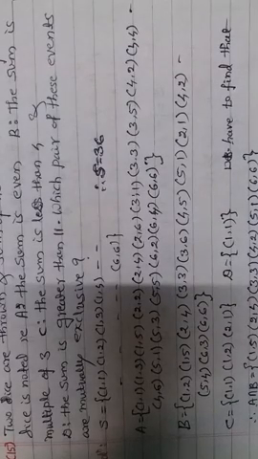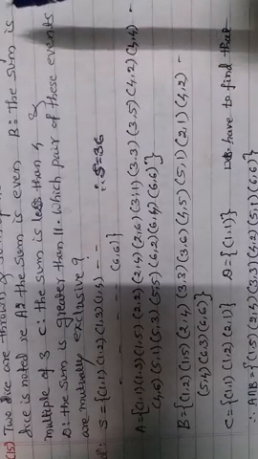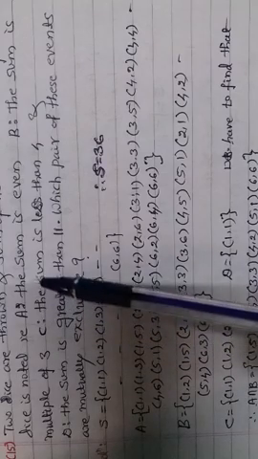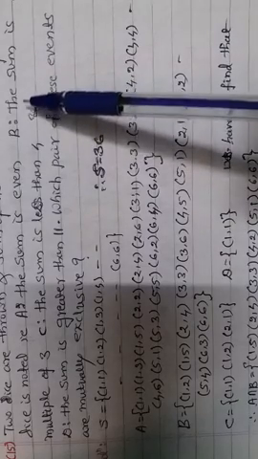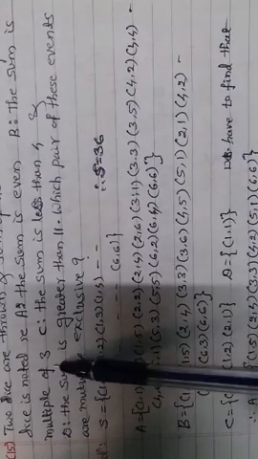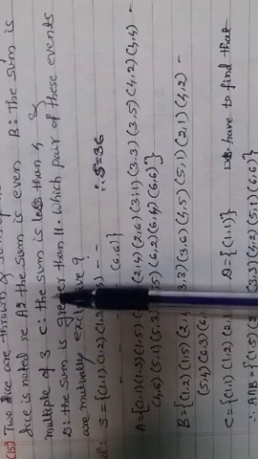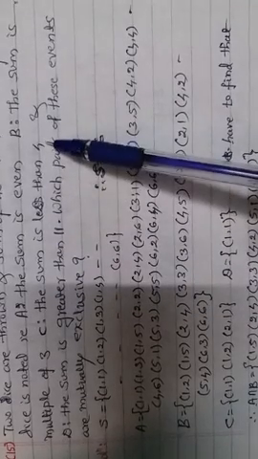Then continue. Two dice are thrown. The sum of the numbers which come up on the dice is noted. A shows the sum is an even number, and B shows the sum is a multiple of 3. C shows the sum is less than 4.